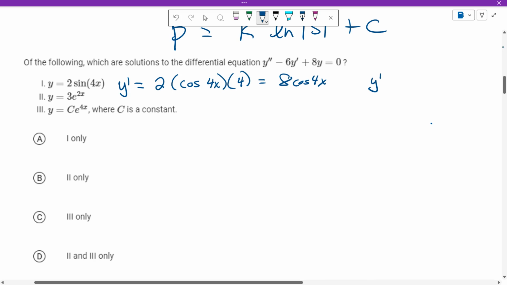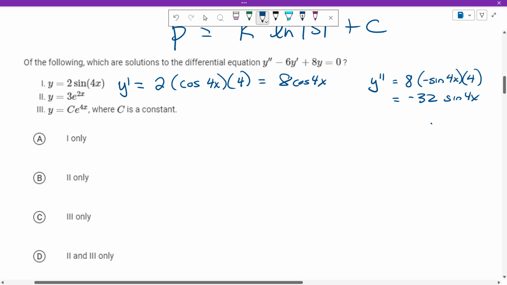What's the second derivative of that? Because we have a second derivative. 8 times negative sine of 4x times 4, or negative 32 sine of 4x.